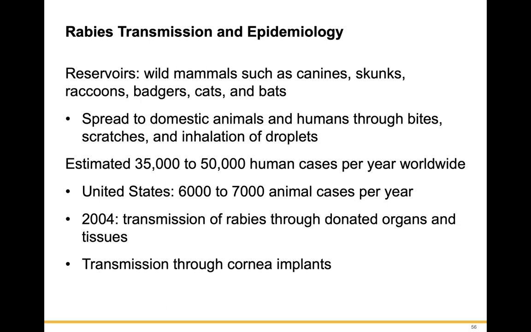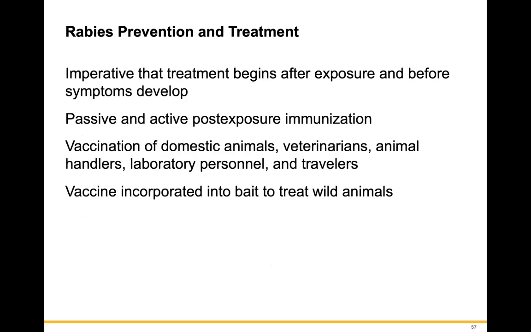If I remember correctly, he was a hunter, most likely came in contact with a rabid animal, ended up dying in a car accident, and was an organ donor, and his organs were harvested and then transplanted into other patients. And unfortunately, they actually also developed rabies as a result. Transmission can also occur through cornea implants.